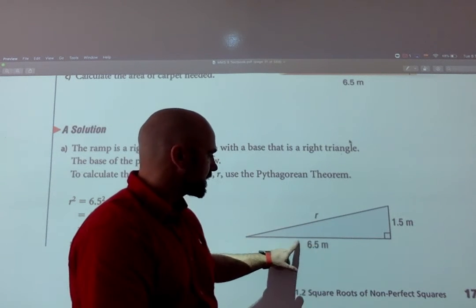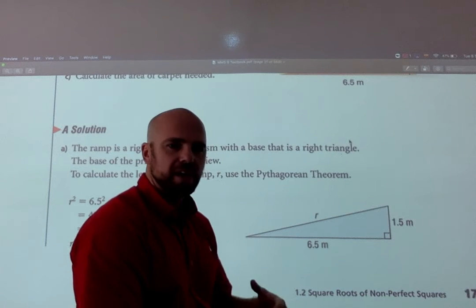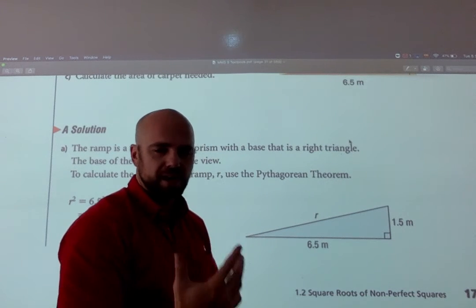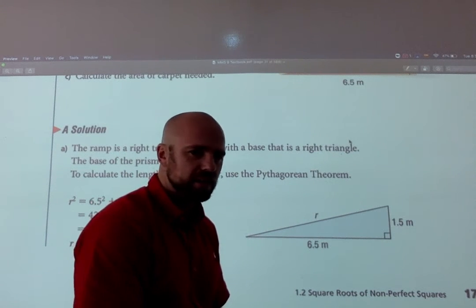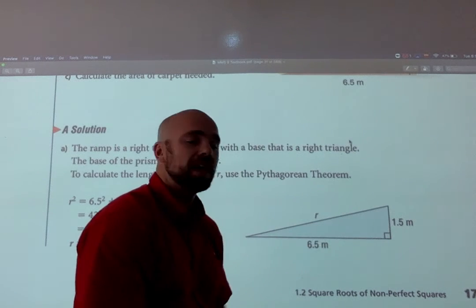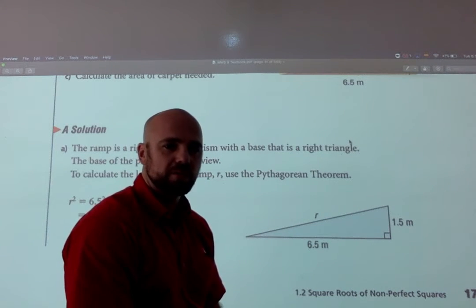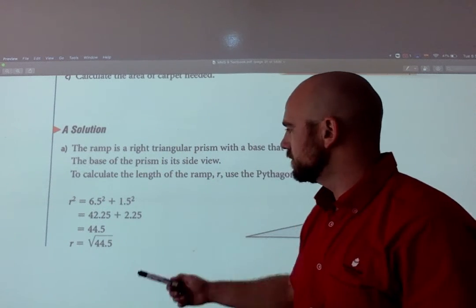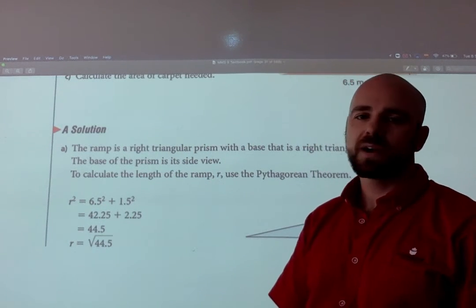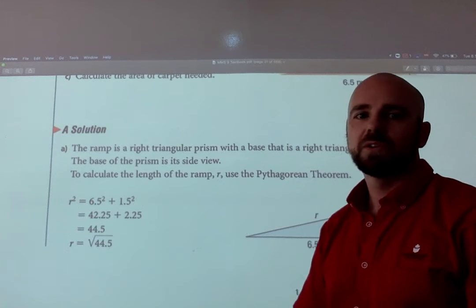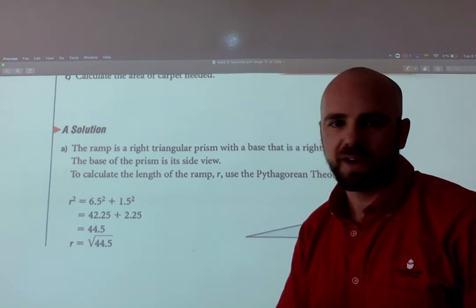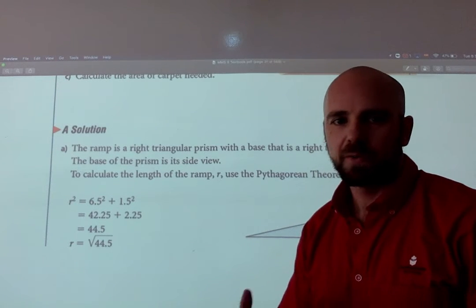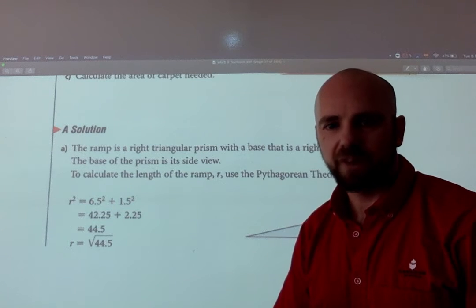So if we square 6.5 times 6.5, and you can estimate it, but you can also use a calculator, plus 1.5 squared. If I go over to the other side, we actually have the solution. So we have 6.5 squared plus 1.5 squared, which gives us 42.25 plus 2.25. We add those together, we get 44.5.